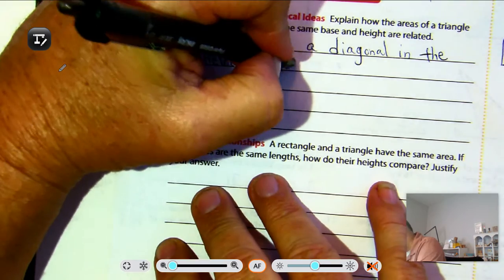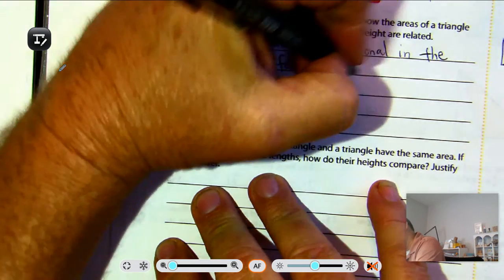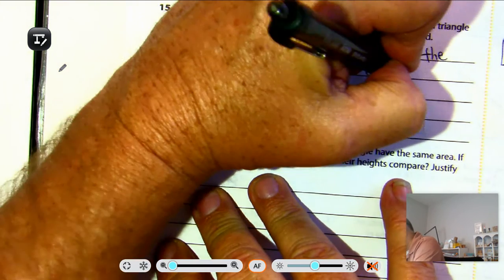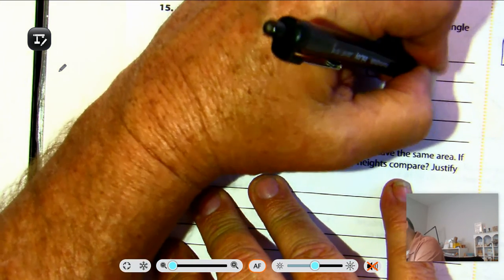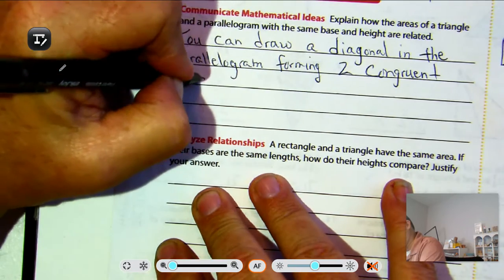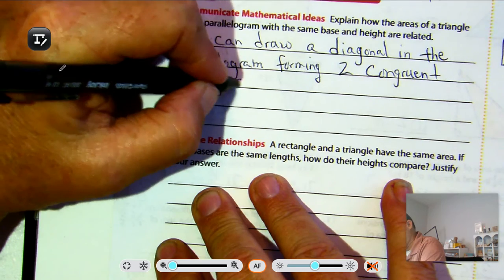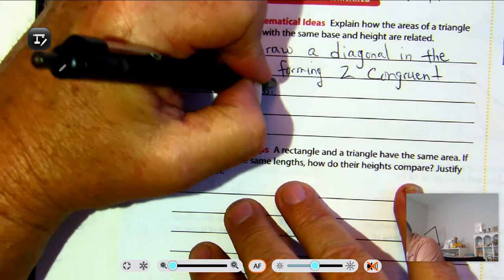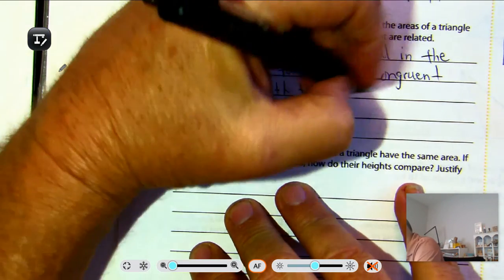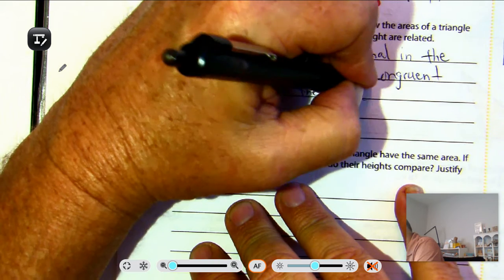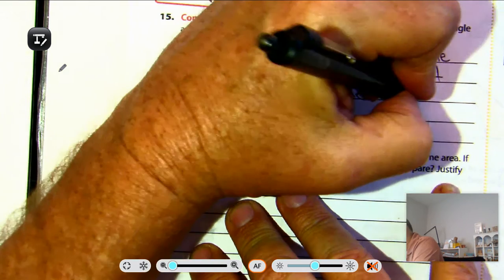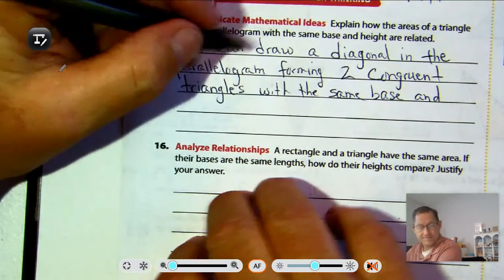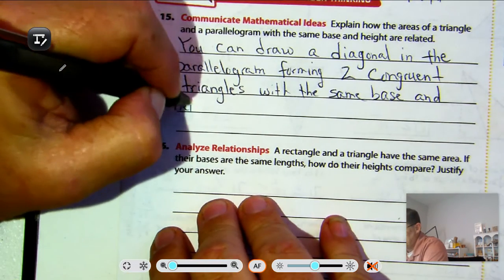That's going to form two congruent triangles. With the same base. The triangles have the same base and height as the parallelogram.